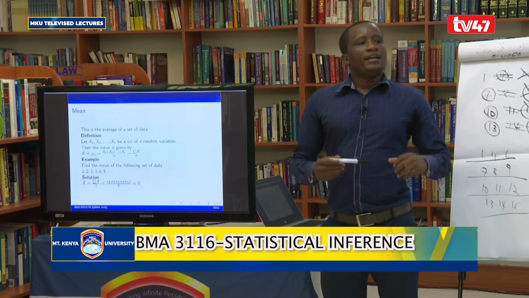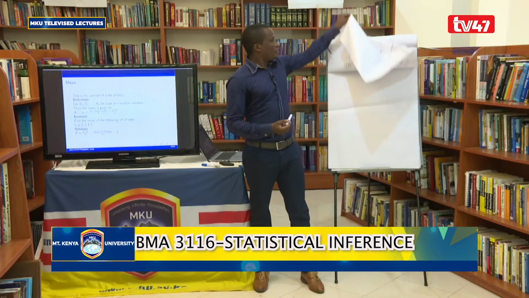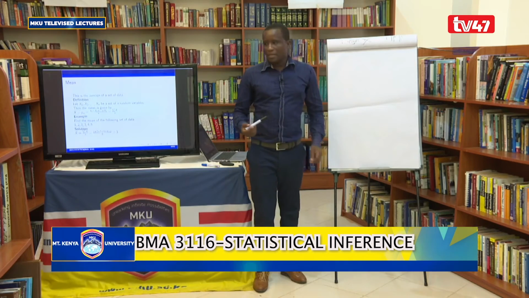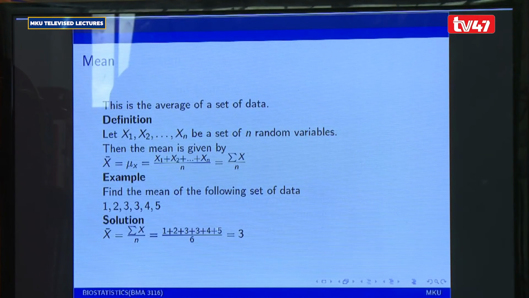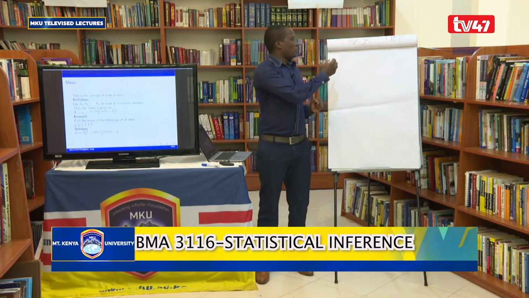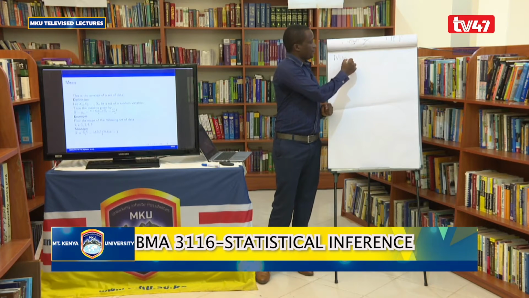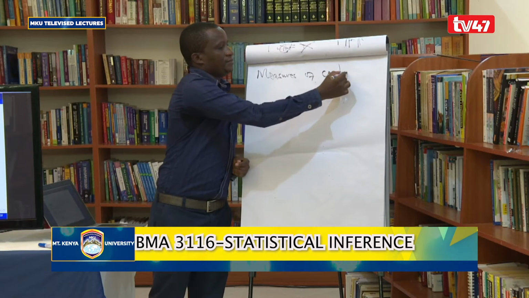Now, in statistical inference, certain measures will be very important, and that is, 1, the mean. We will be using the mean, and in this case, the mean is usually the average of a set of numbers. Now, the average of a set of numbers normally is under the category of statistics called measures of central tendency.